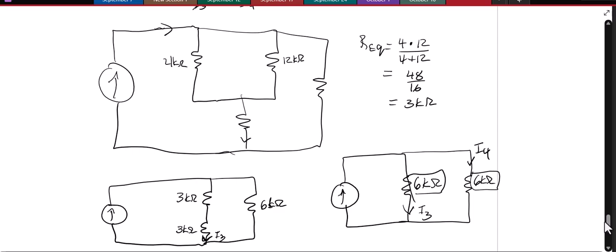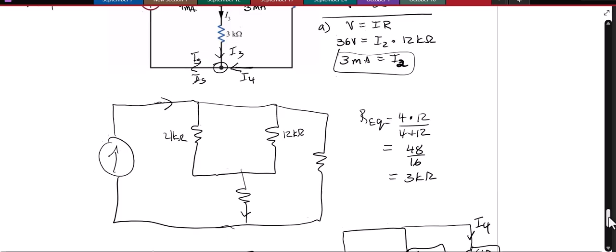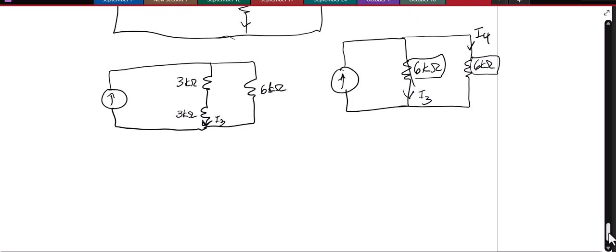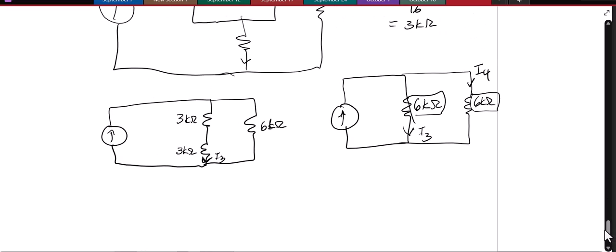So since their resistors are the same, then the current is also going to be the same. So I can say that I4 has to be the same as I3. What was I3? I3 was 12 milliamps. So I4 is also 12 milliamps.